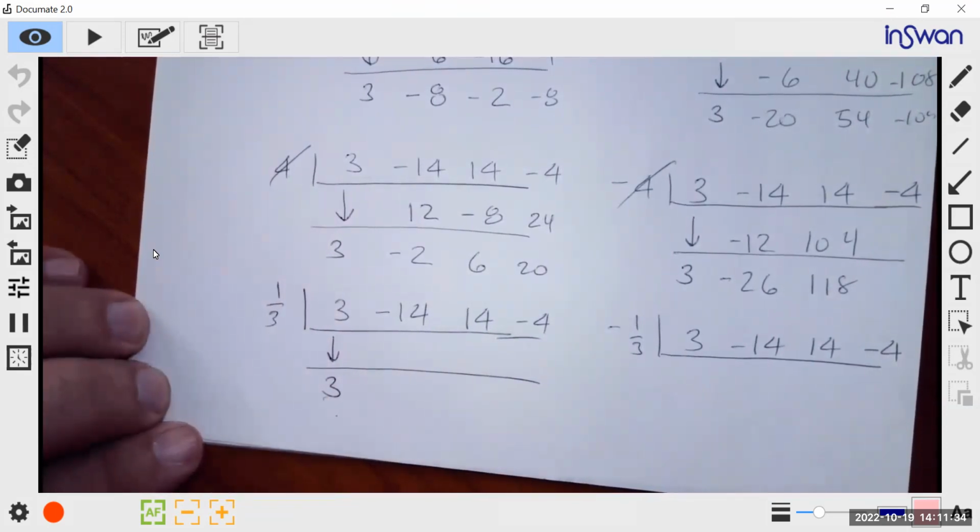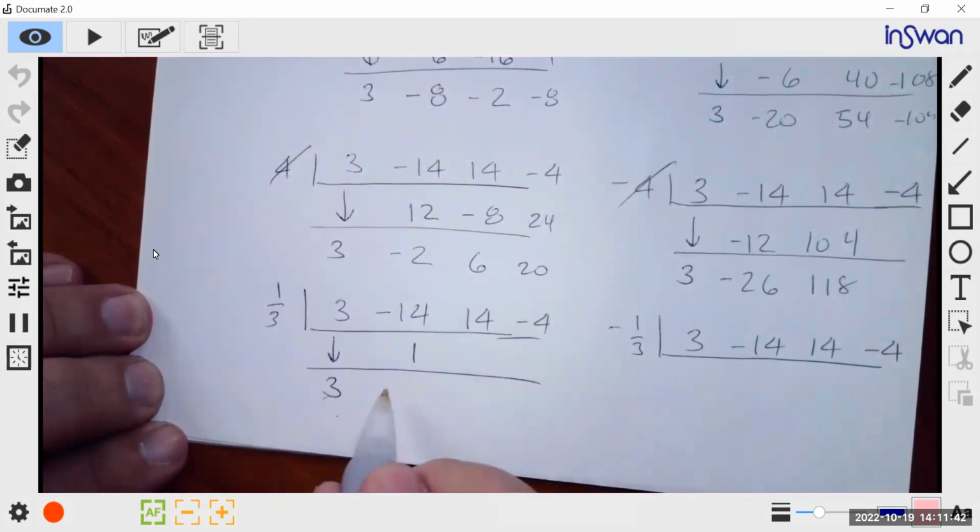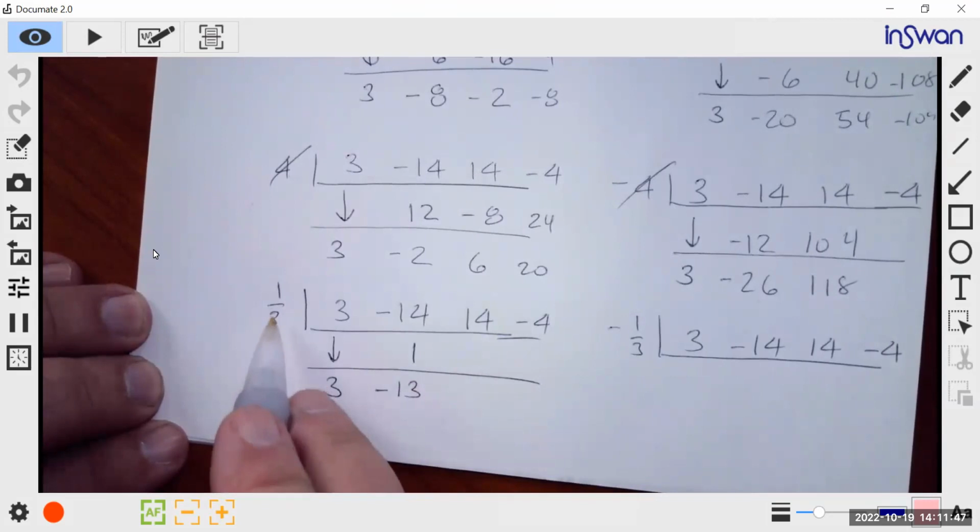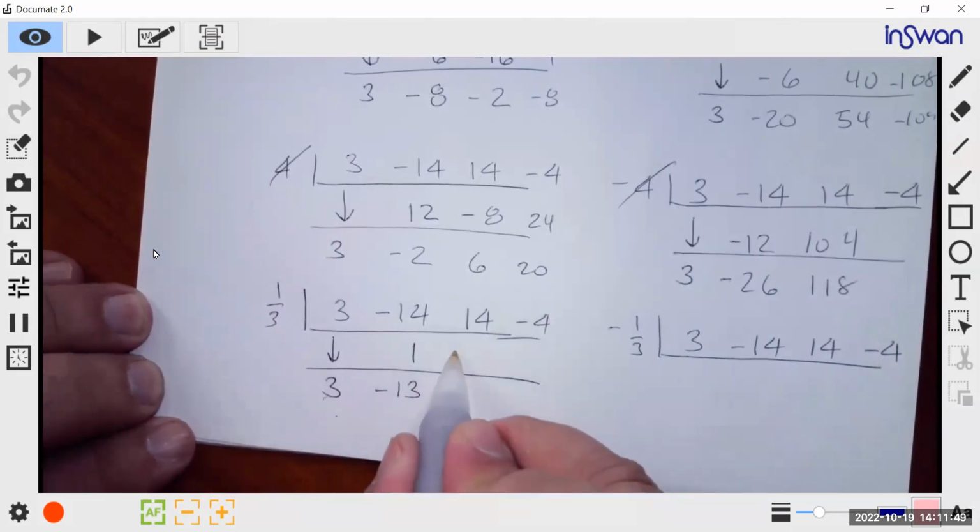One third times 3 is 1. Negative 14 plus 1 is negative 13. 1/3 times negative 13 is negative 13 over 3.